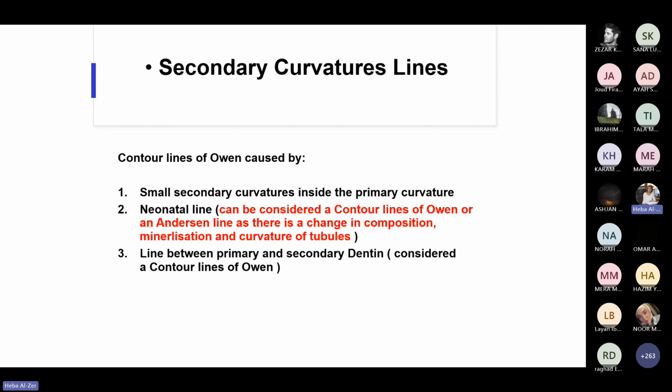They are caused by, as I have explained at the beginning of the lecture, the small secondary curvatures inside the primary curvature, or by the neonatal line, because in dentine at birth, the neonatal line not only has a change in composition and mineralization, but also in the tubules' direction, or as I have said, the line between the primary and secondary dentine.